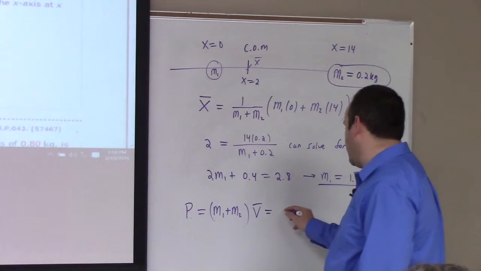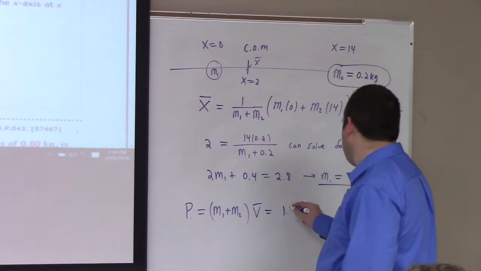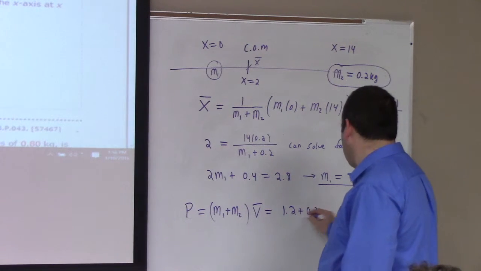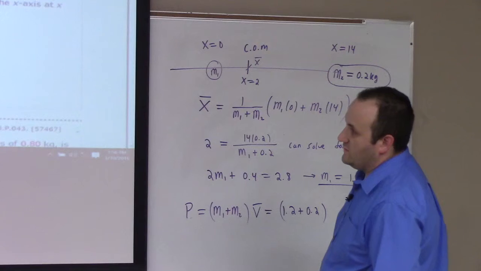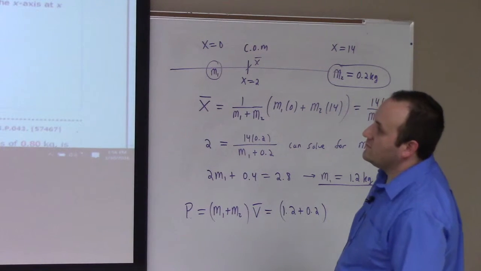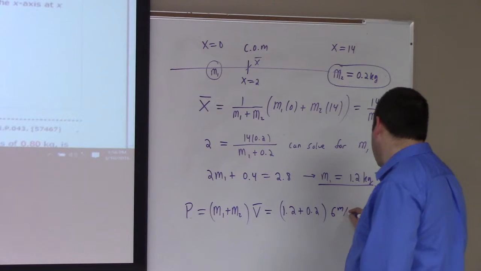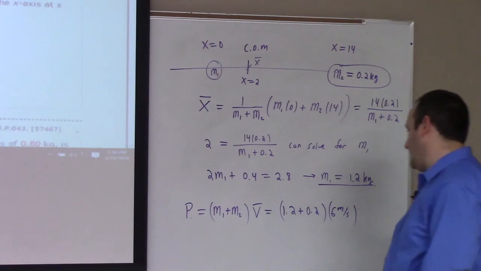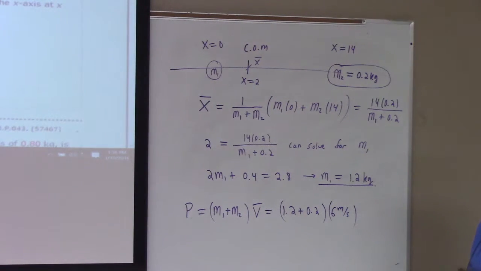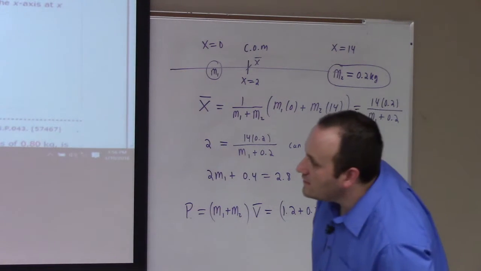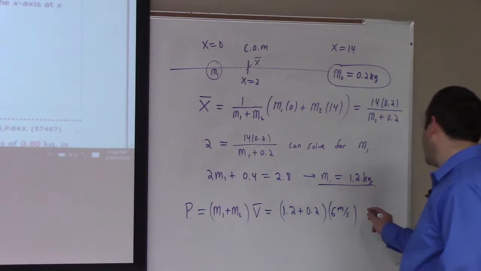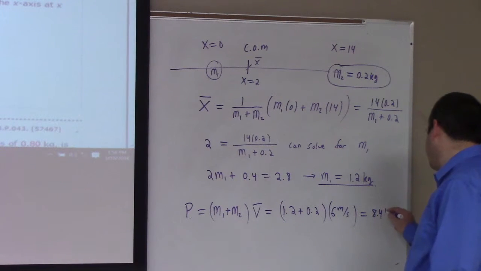So that's 1.2 plus 0.2 times, what did I say, 6? 6 meters per second. That would be 1.4 times 6, which is 8.4 kilogram meters per second.